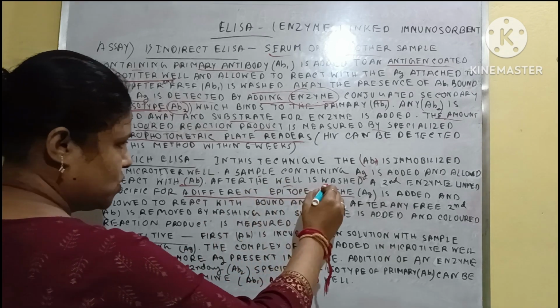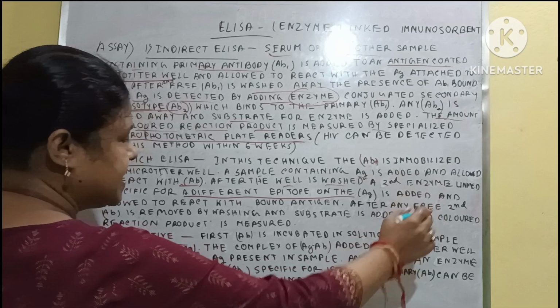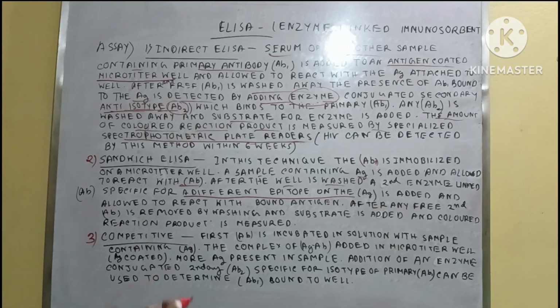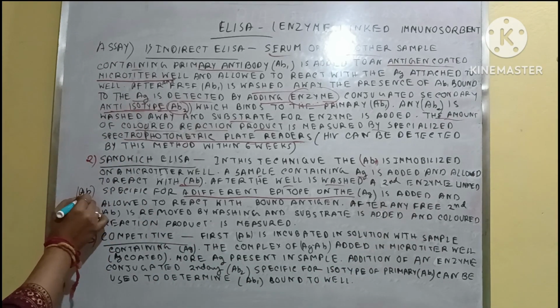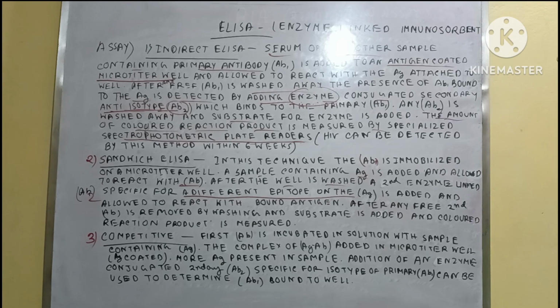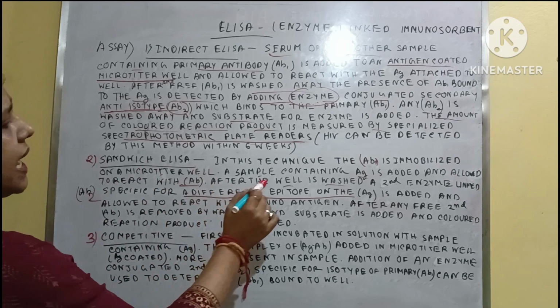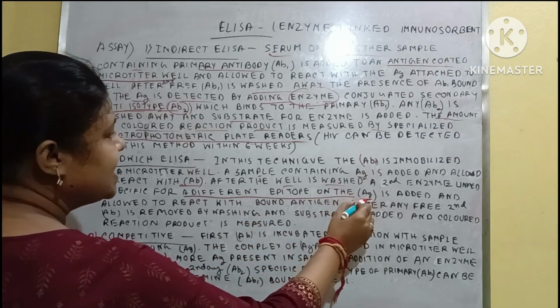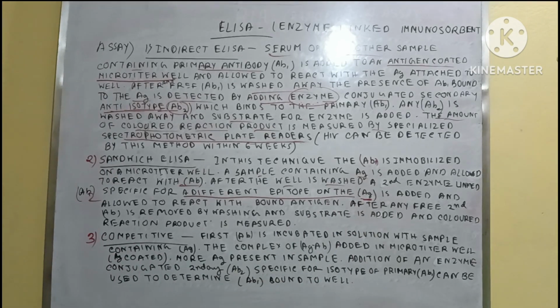After the well is washed, a second enzyme-linked antibody, specific for a different epitope on the AG, is added and allowed to react with the bound antigen, okay.